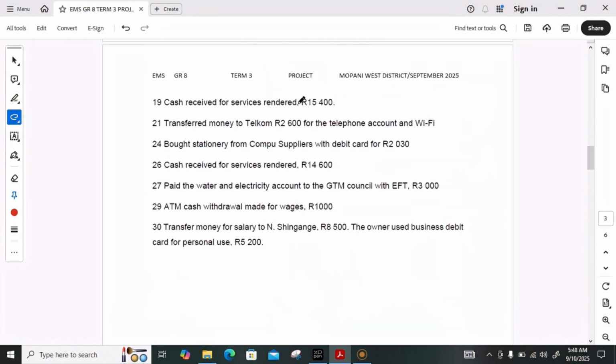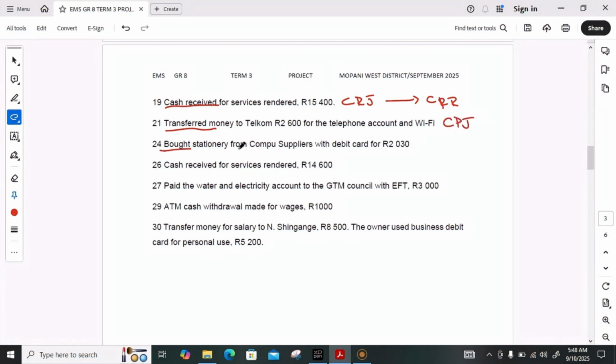Cash received for services rendered, CRJ. And don't forget, major source document for this is cash register roll. Transferred money to Telcom, that's an EFT, for the telephone account and Wi-Fi, CPJ.